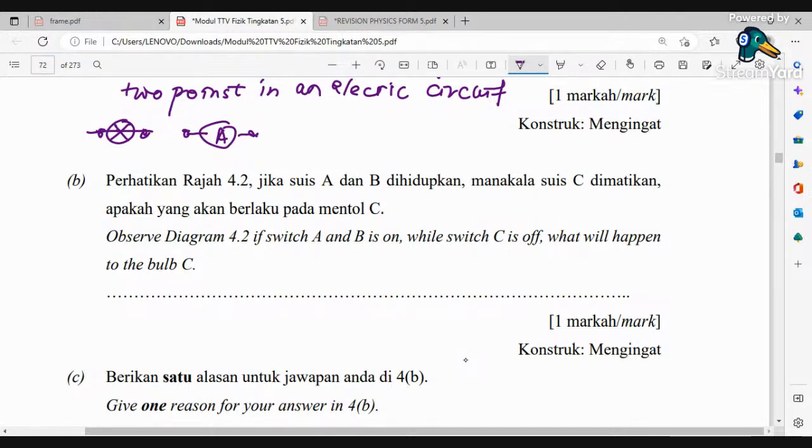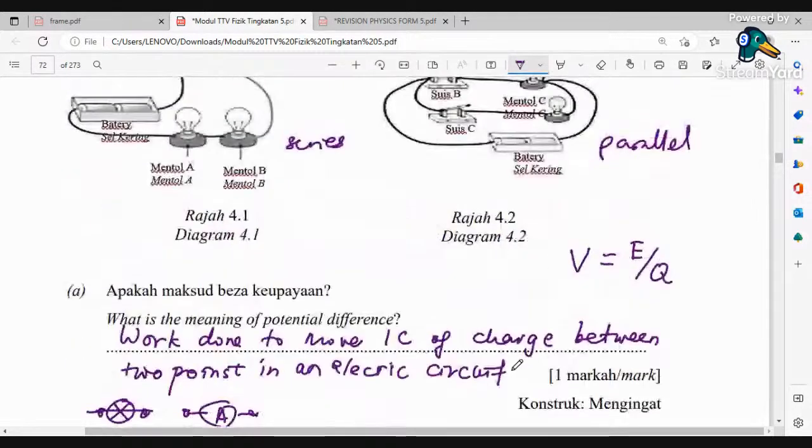Maybe we can change ini. Saya buat jawapan ikut pada soalan mana. Kalau C punya off, memang tak ada current lah, pergi C kan.